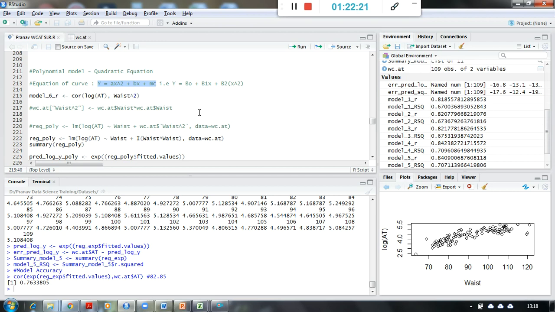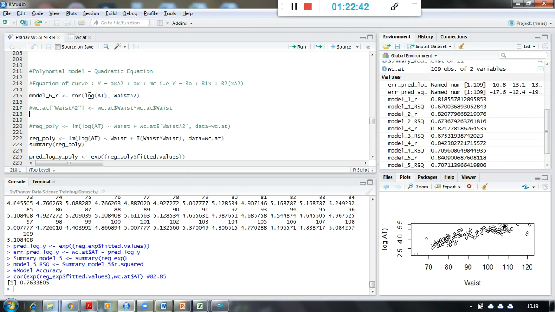So if you don't know the equation of a curve, you can simply go on squaring the variable, or taking a square root of it, or maybe multiplying it with some value. Any mathematical equation you can write, as long as your correlation coefficient is improving.